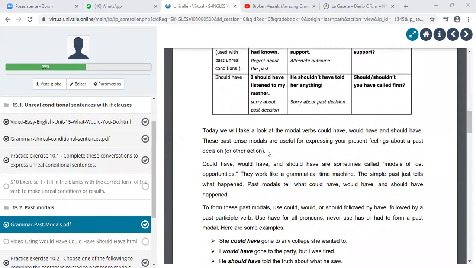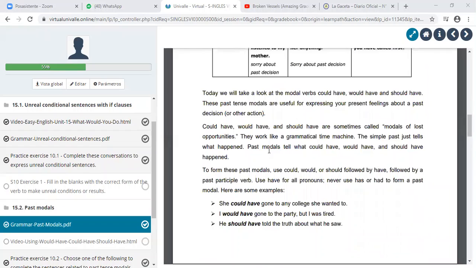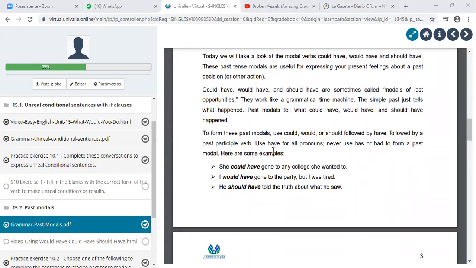Would have and then should have. But we are going to take a look at the grammar explanation. Okay, today we will take a look at the modal verbs could have, would have, and should have. These past tense modals are useful for expressing your present feelings about a past decision or other action. Could have, would have, and should have are sometimes called modals of lost opportunities.